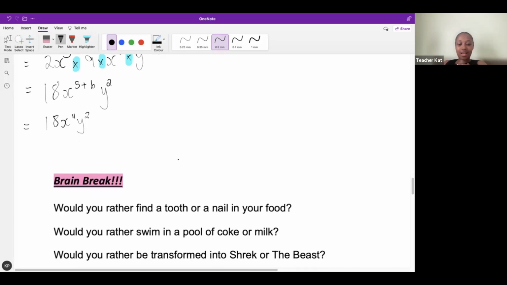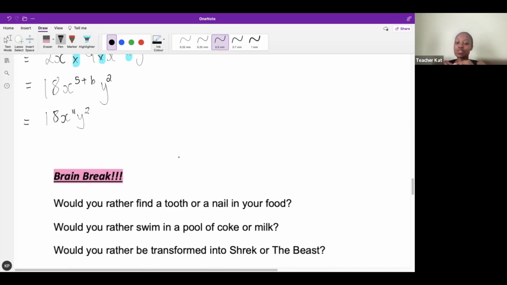Okay. Next one. Would you rather be transformed into Shrek or the Beast from Beauty and the Beast? I would choose Coke. I'm not gonna do the milk thing. Yo, but Coke is acidic, guys. Now I'm thinking of my eyes burning. I don't know. This is actually a really difficult one.